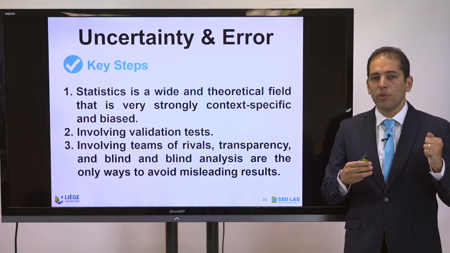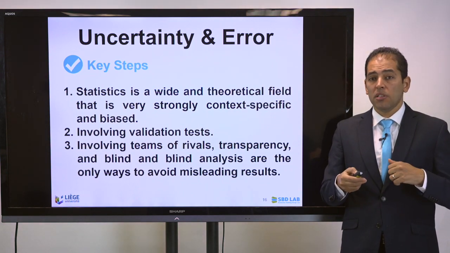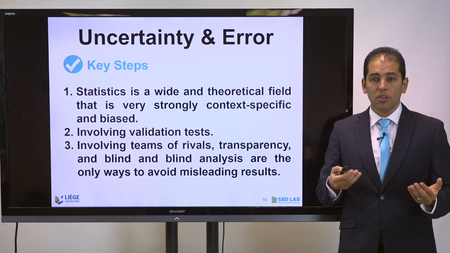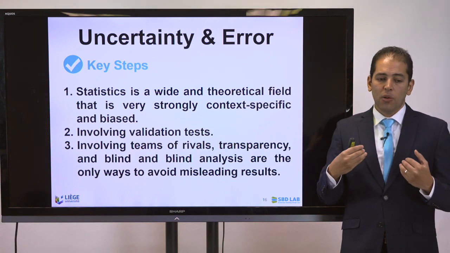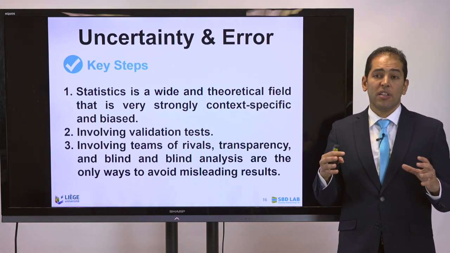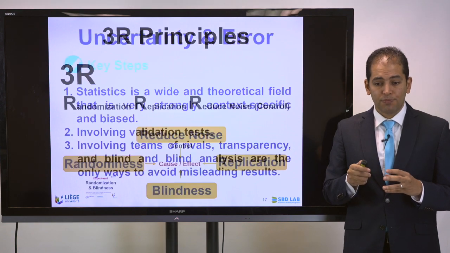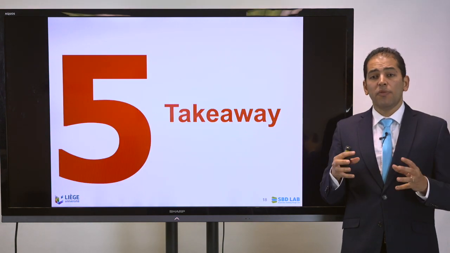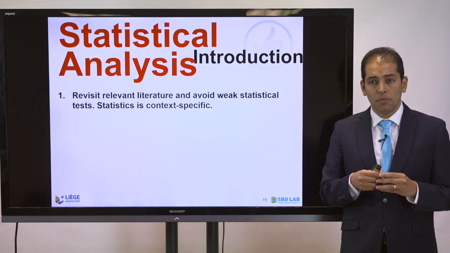We must always communicate the uncertainty, the range of error of our results, and the confidence interval, to remind the audience and ourselves that results, whatever they are, are in the end theoretical and might be prone to errors. Well, this is it of today's presentation, with some takeaway messages for statistical analysis.